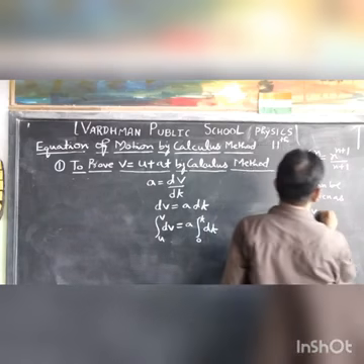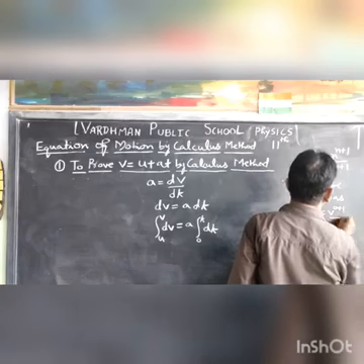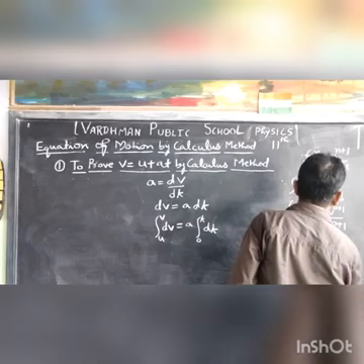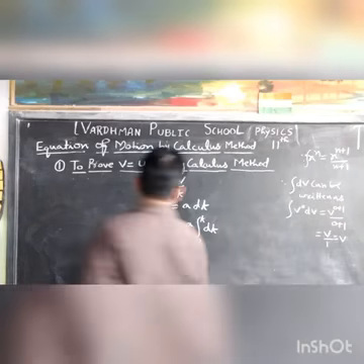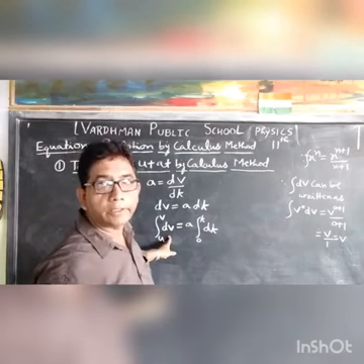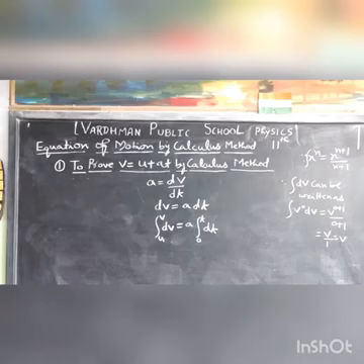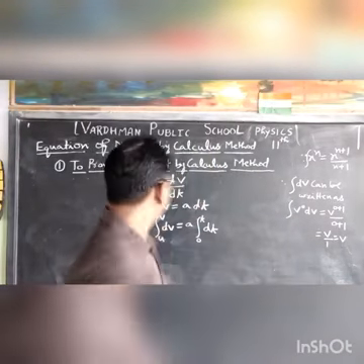Then it becomes v^(0+1)/(0+1), that is v/1, which is equal to v. Thus the integration of dv is v.